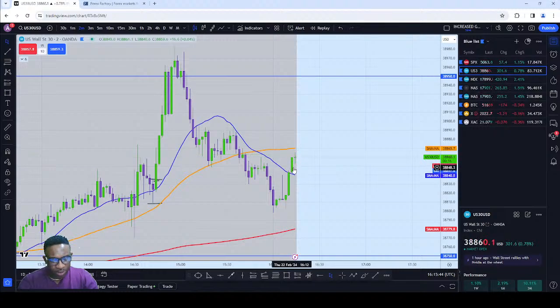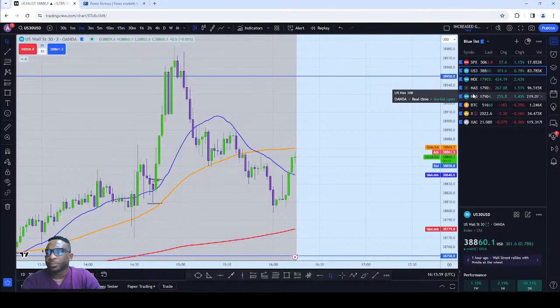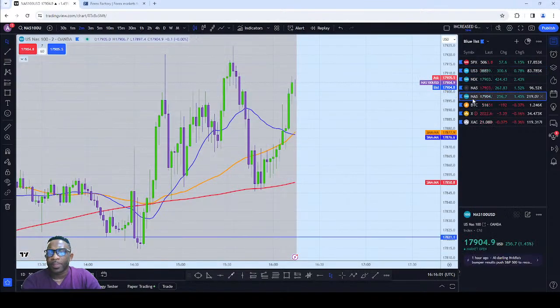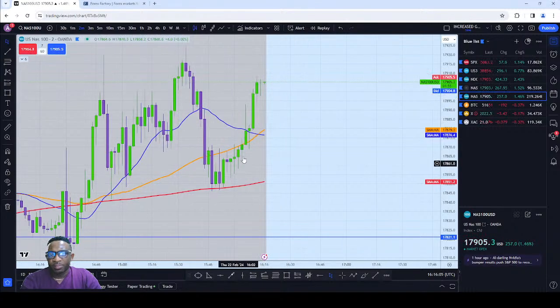Okay, that candle has turned to green again. So over here the best setup we had was here, or probably on this one. But what I'm concerned about is the stop loss.